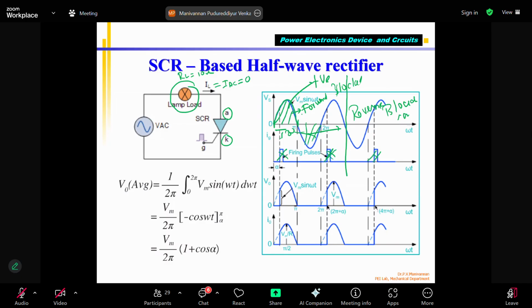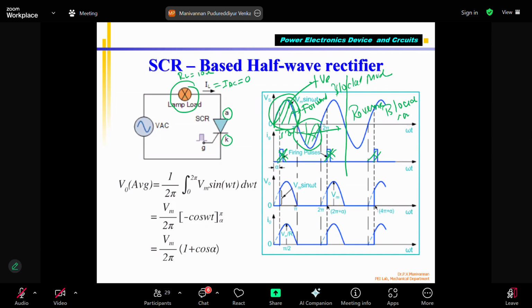Anode is in the positive half cycle, anode is positive, cathode is negative, which is called forward blocked mode. If I don't give the gate pulse, the SCR will not conduct. In the reverse condition, you know that even if you give the pulse, it won't work. So my output voltage will be 0. Load current will be 0.